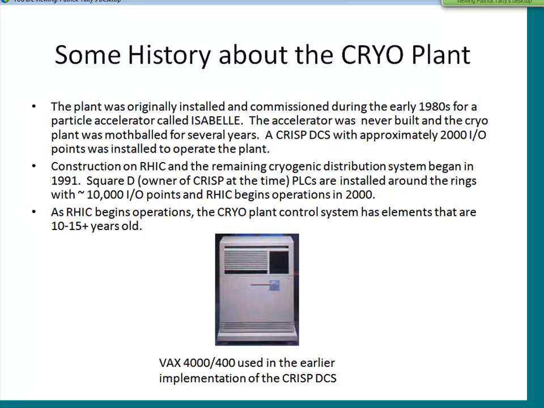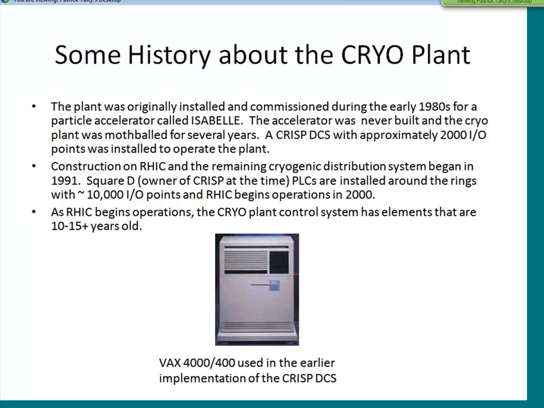Construction finished, and RHIC began operations in calendar year 2000. So we had this brand new particle accelerator with a lot of excitement around it, but the cryo plant, in many cases, had equipment in it that was 10 to 15 or even more years old. So right from the beginning, there was an effort underway to upgrade.